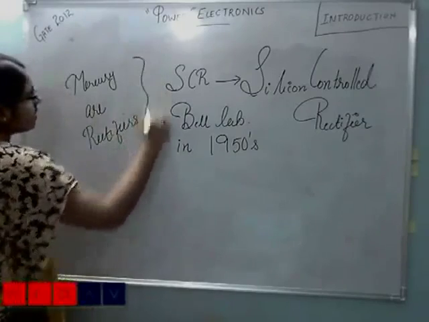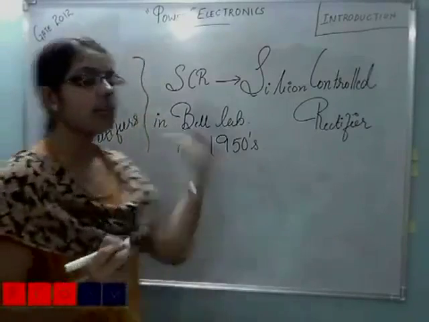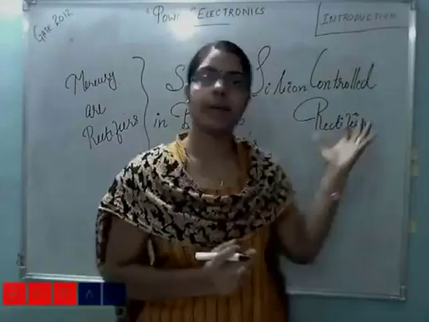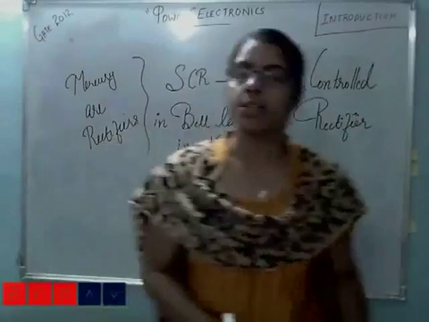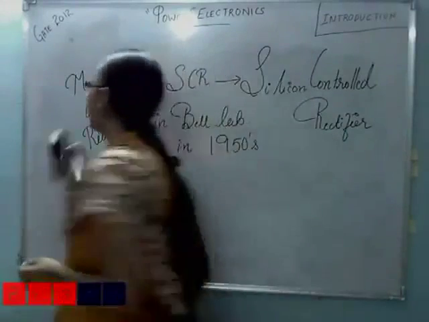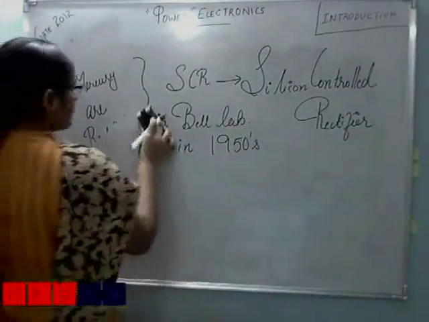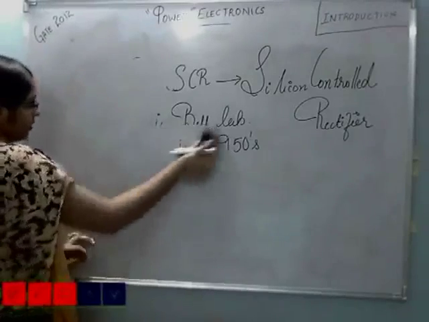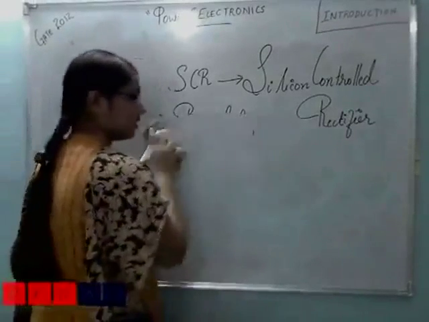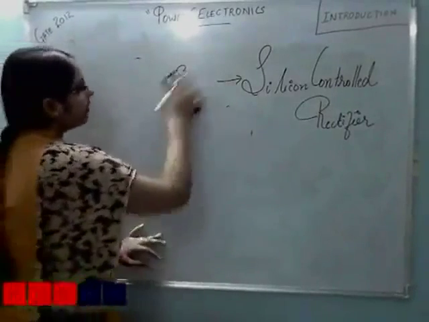So after the SCRs were found, all the mercury arc rectifiers were replaced by the SCRs, and thus came the revolution of power electronic devices. And we see many applications of power electronic devices nowadays, which have been developed after this invention.